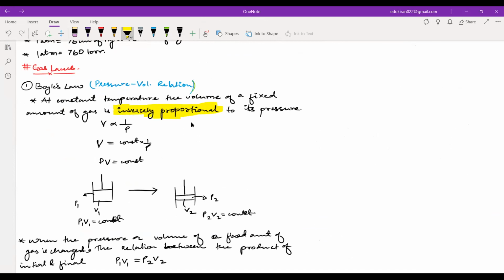I tell you, don't trust your mind. Look at your notes. Abdul Wahid, can you see that it is inversely proportional? Inversely, inversely.